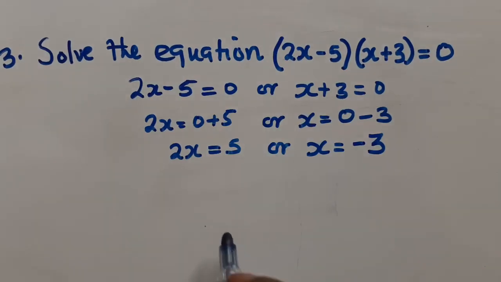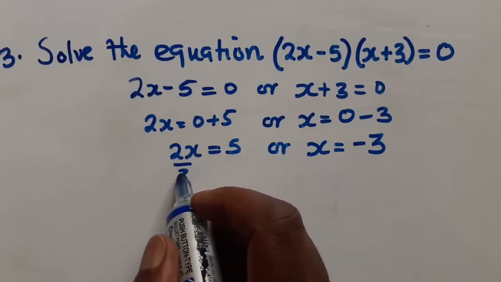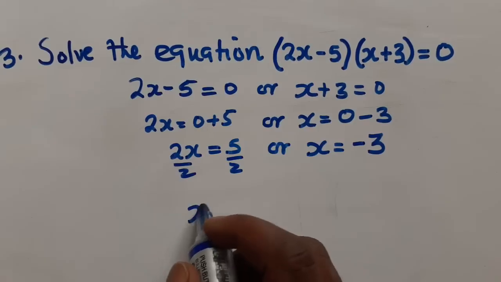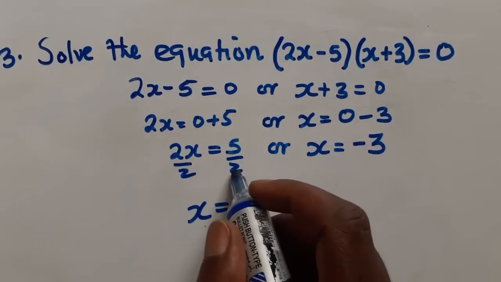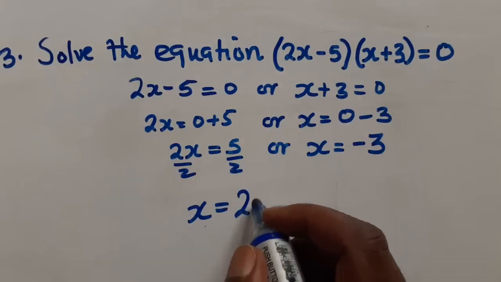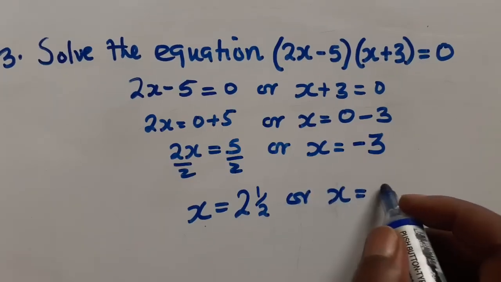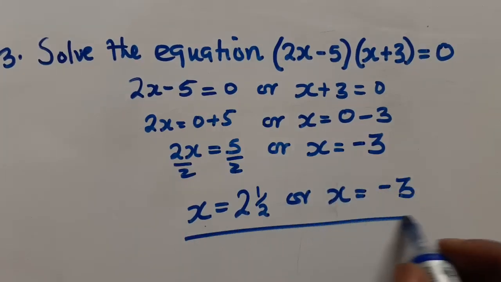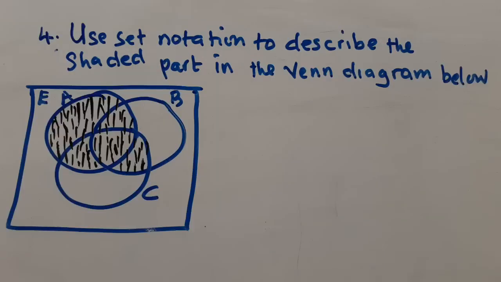And then here we are supposed to divide both sides by 2, so that we get x is equals to, you can divide here, 2 into 5, it's 2 remainder 1 over 2, or x is equals to -3. So these are the answers that we are supposed to get here for question 3. Let's move on to the next one, which is question 4.